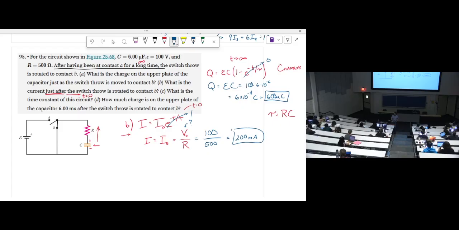How then would you calculate what the voltage across the capacitor is if part A said we only partially charged the capacitor? Your V here would not be equal to 100 volts if you hadn't fully charged the capacitor. But how do you calculate the specific value? Because parts B, C, and D don't change.